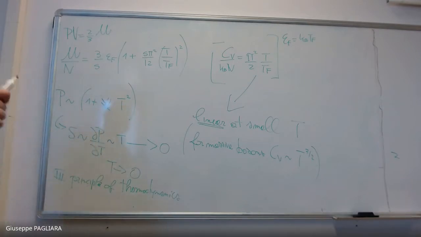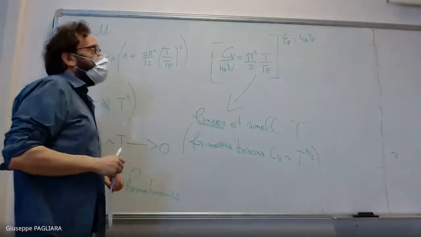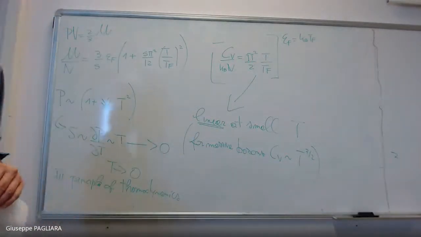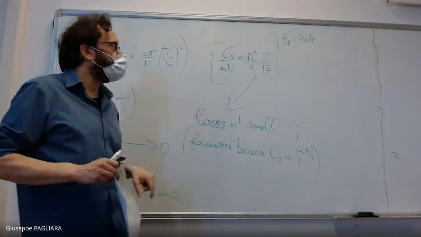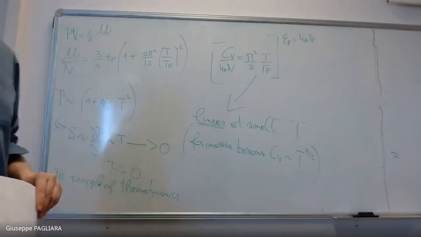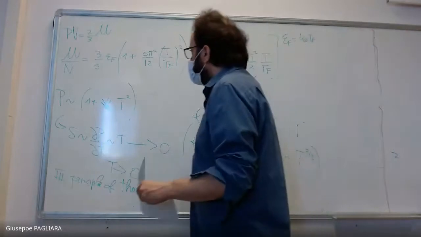That is also a reason for computing the first correction to the T equals zero result, because in that case one can also see what happens to the entropy and to the behavior of the specific heat at small temperature. Let me make another comment and then I stop here.